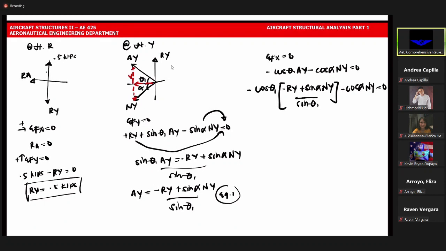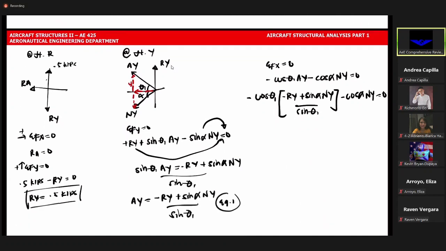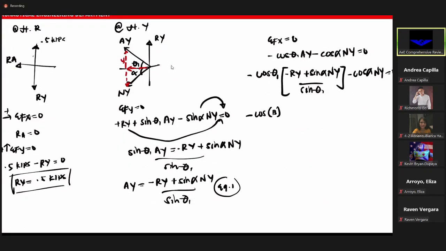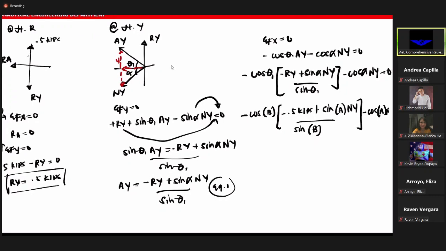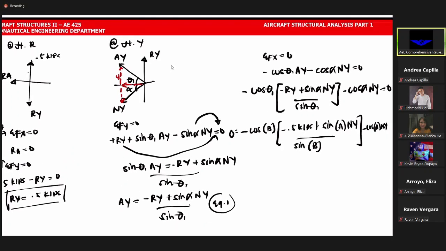So if we arrange this: negative cosine store B, negative 0.5 kips plus sine store A Ny over sine store B, minus cosine store A Ny is equal to 0. You can shift solve or isolate it one by one. But what is the answer for our Ny?